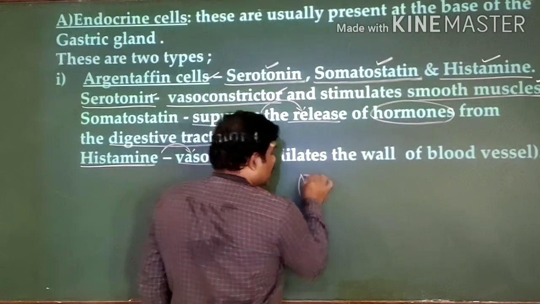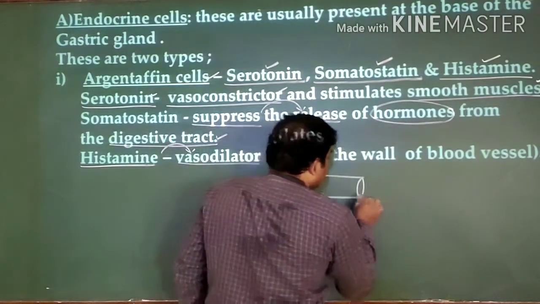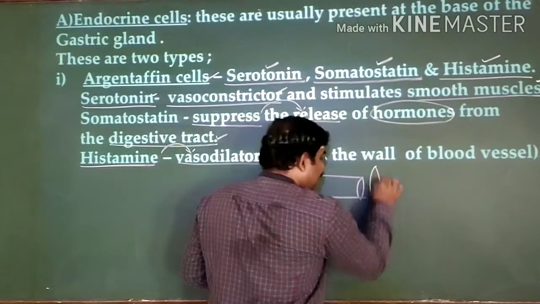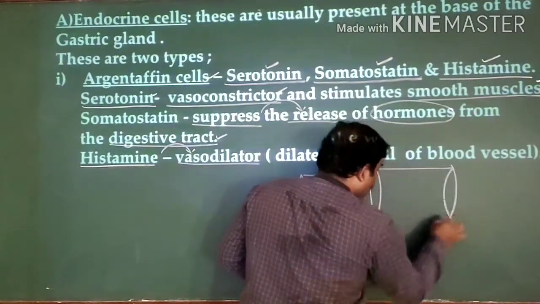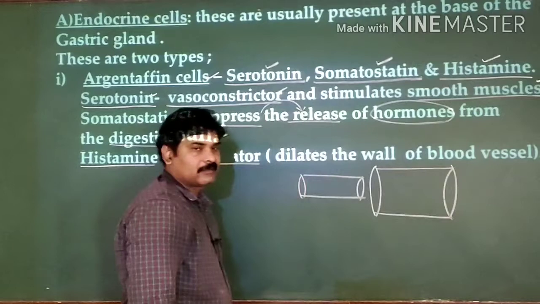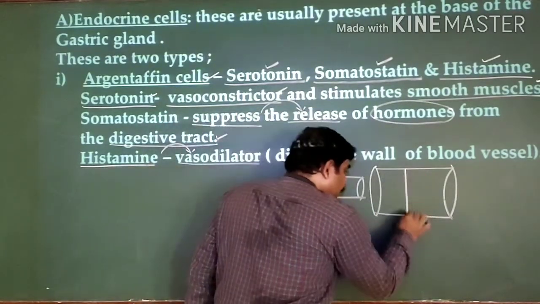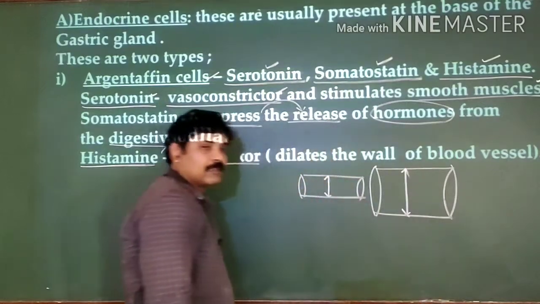Since serotonin helps in decreasing the diameter, histamine helps in increasing the diameter of your blood vessels. So here is a blood vessel with a smaller diameter. This is a blood vessel with a larger diameter.